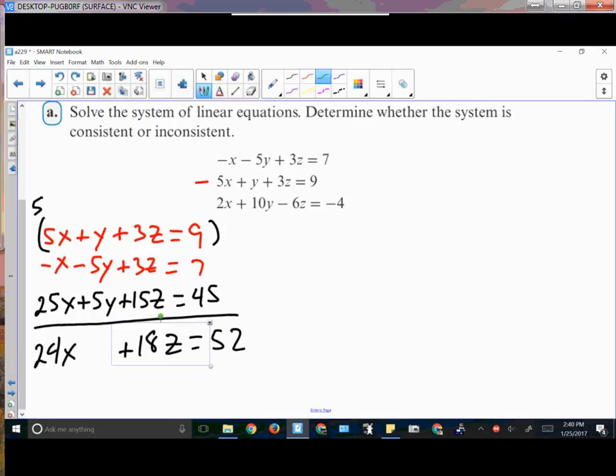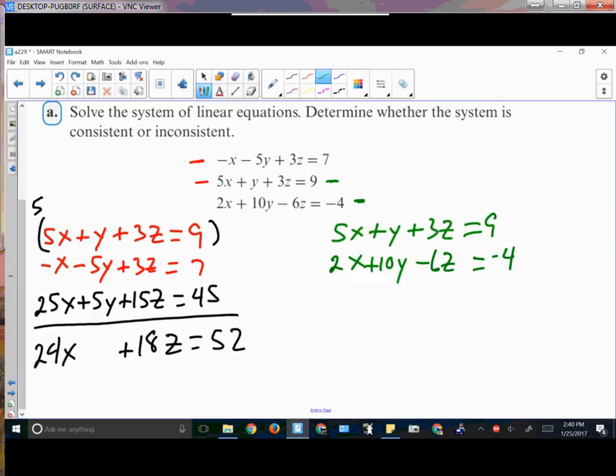So now I'm going to take this equation and that equation. Do the same thing over again and wipe out the y's. So that's going to be 5x plus y plus 3z is equal to 9. Then I am going to have 2x plus 10y minus 6z is equal to negative 4. I'm going to multiply the top equation through by a negative 10. That's how I get rid of my y's.